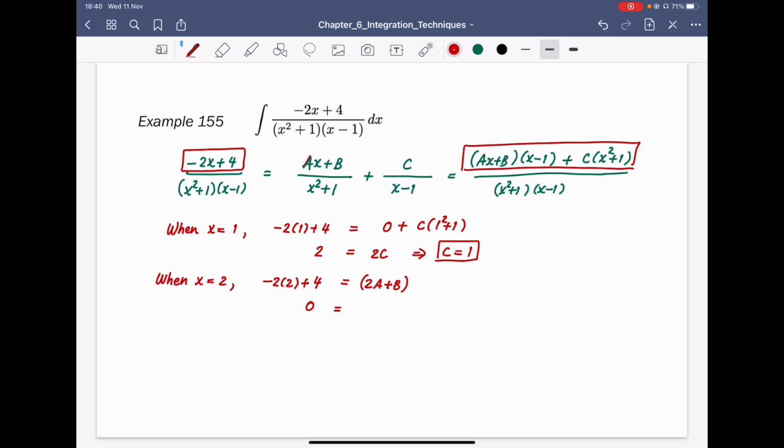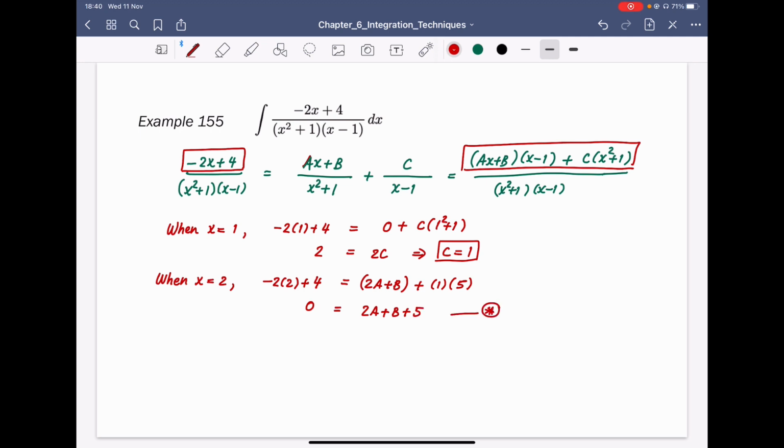Because x equals 2, and then plus c. Now c is just 1, and then x squared plus 1. This is 5, right? Well, here on the right hand side, I have 2a plus b plus 5. So we're going to save this one for equation number 1.